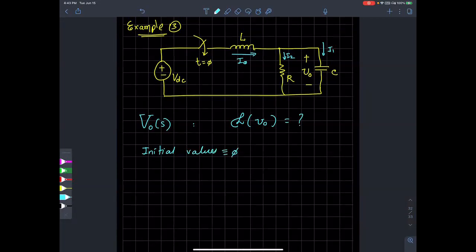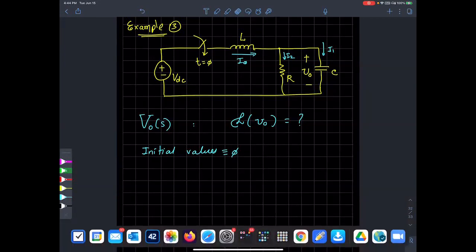Okay, the homework specifies that the initial values are zeros, and I'll show you why that is important. Now you're asked to find out the output voltage in its Laplace domain form. How would you go about doing that?